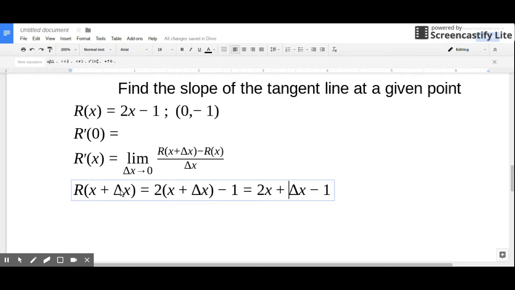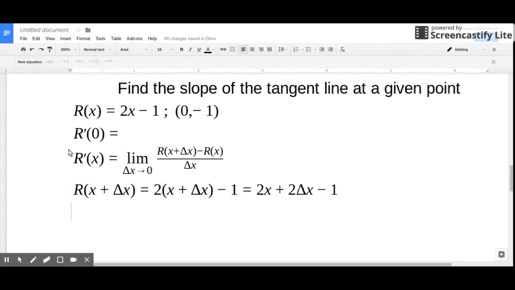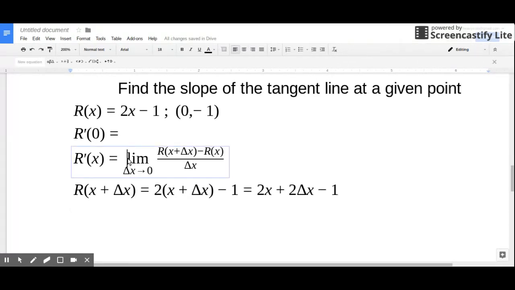And actually, what I was wanting to do is distribute that across. Okay. All right, so let's go ahead and rewrite our limit.